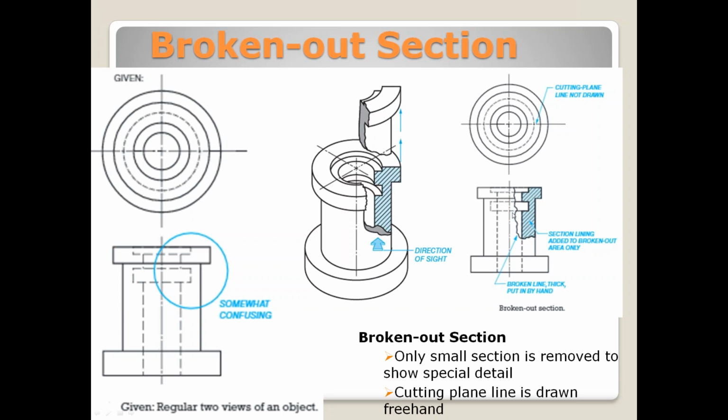As you can see, this is the area that is going to show this section, and the thick broken line you put in by hand. This broken line here, you're going to have to do by hand. You don't need any tool to draw it.